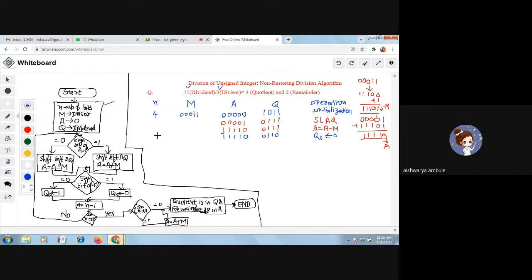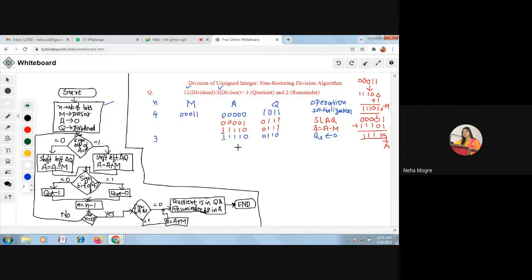So what is n now? 3. Okay, so n is not equal to 0. Then again we have to perform the same step. So what is the step now? Sign bit of A. Sign bit of A is 1. So perform left shift AQ, A and Q left shift.